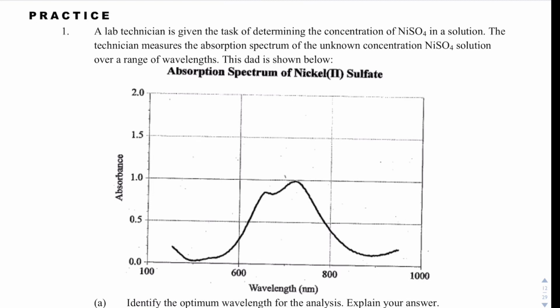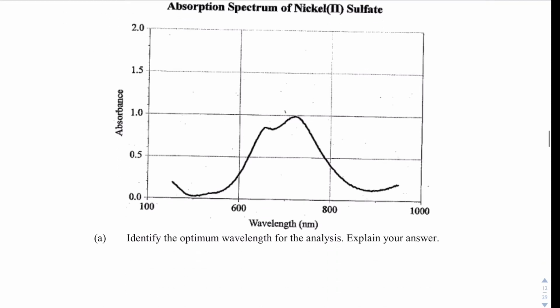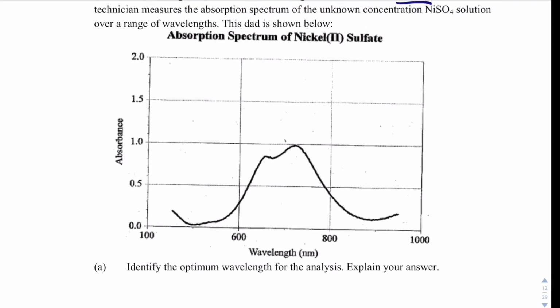A lab technician is given the task of determining the concentration of nickel sulfate, which would be green. The technician measures the absorption spectrum of the unknown concentration nickel sulfate solution over a range of wavelengths. And in A, it says identify the optimum wavelength for this analysis. So go ahead, pause the video, try to figure out the best wavelength to set the machine to.